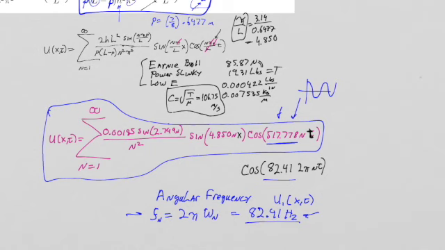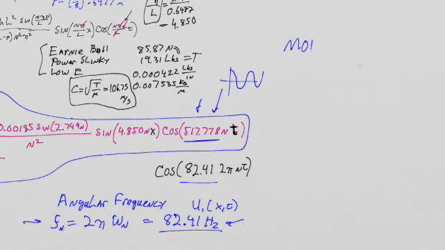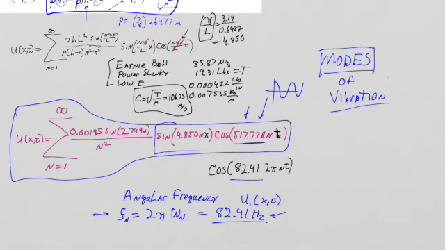So the n determines the modes, and we shouldn't confuse the word mode with Mixolydian and Lydian and all of those scale modes. Each of these is a mode of vibration, right? And each mode of vibration is shaped like a sine wave. That's the shape, and this is the oscillation.